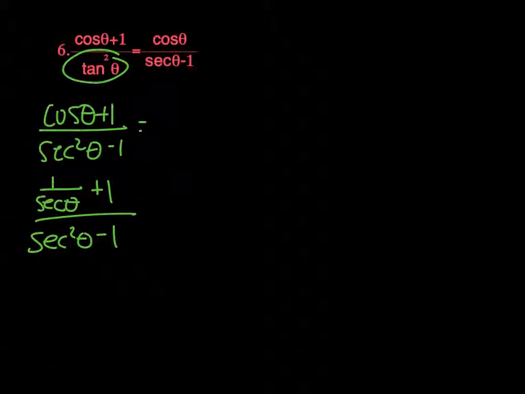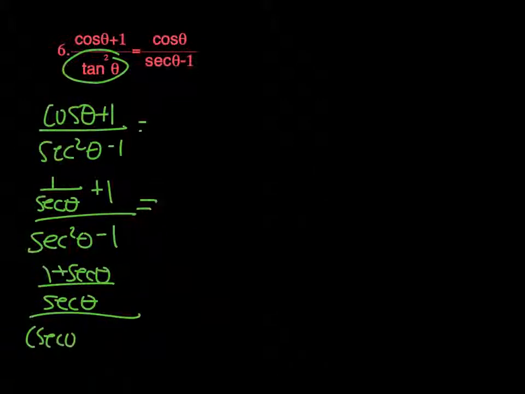Because if I can get a secant theta plus 1 on top, it will cancel with the factoring on the bottom one. So this is going to give me 1 plus secant theta over secant theta. And then secant squared theta minus 1 factors to secant theta minus 1 times secant theta plus 1.